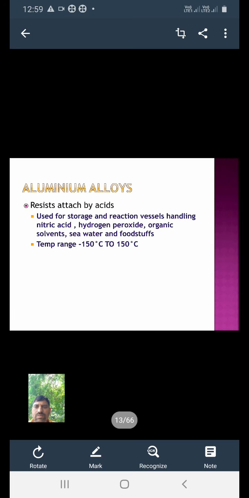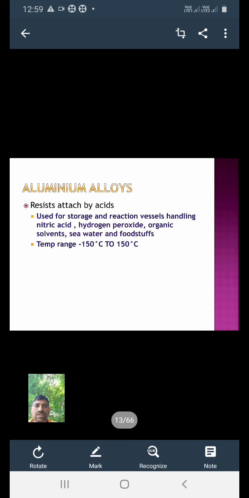These are some examples where we use aluminum alloy pressure vessels. They are suitable for the temperature range of minus 150 degrees Celsius to plus 150 degrees Celsius. There we use aluminum alloy material.